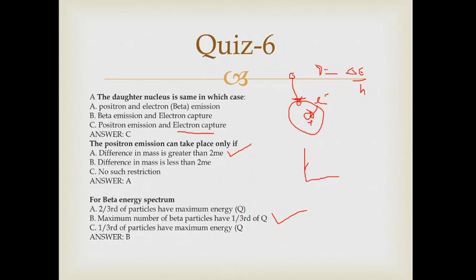This is the number of particles, and this is energy. This is almost 1/3 of Q. So maximum number of particles have energy which is 1/3 of Q. This is your Q, or E max as you call it.